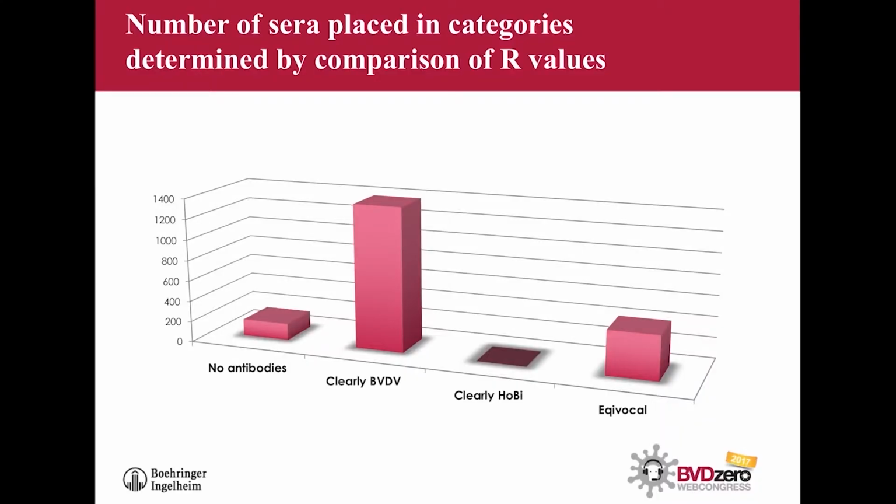So when we looked at these sera and used them to neutralize BVD1, BVD2, and Hobi-like viruses, we saw that there were a percentage of the samples that had no antibodies at all, meaning that these animals reached slaughter at 2 years of age or greater with no antibodies against any of the 3 pestivirus species. Most of the samples had antibodies that clearly neutralized BVD1 or BVD2 preferentially to anything else.